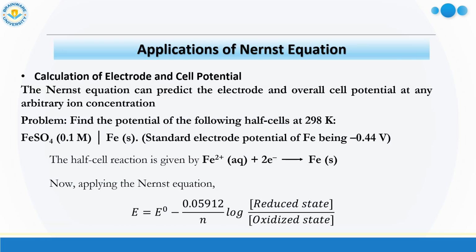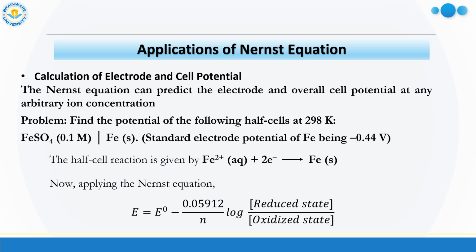Now, let us discuss the various applications of this Nernst equation. The most important application of the Nernst equation is that we can predict the electrode as well as the overall cell potential of any cell reaction at any arbitrary ion concentration. Let us discuss this with the help of a problem.